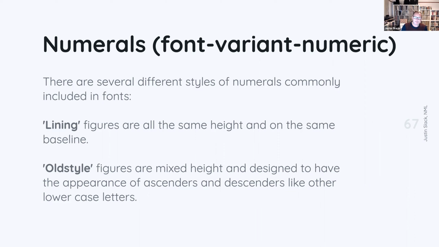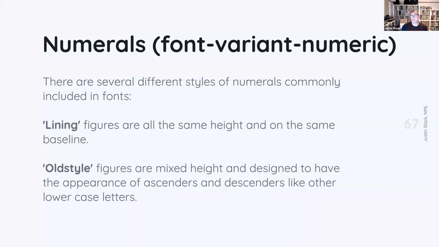And then the second one is what's called old style figures. And these are mixed height, and they're designed to have the appearance of ascenders and descenders like other lowercase letters. So a 7, for example, in old style will appear below the baseline, whereas a 3 will appear directly on the baseline. So you have different heights being applied to numbers in this.